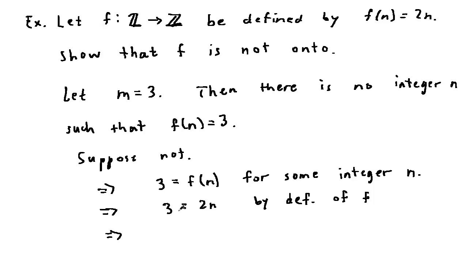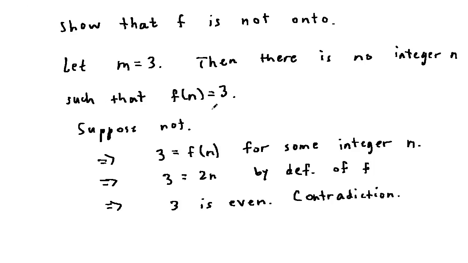But that means that 3 is even. But 3 is not even, so we have a contradiction. So this original statement, that there is no integer n such that f of n equals 3, is true.